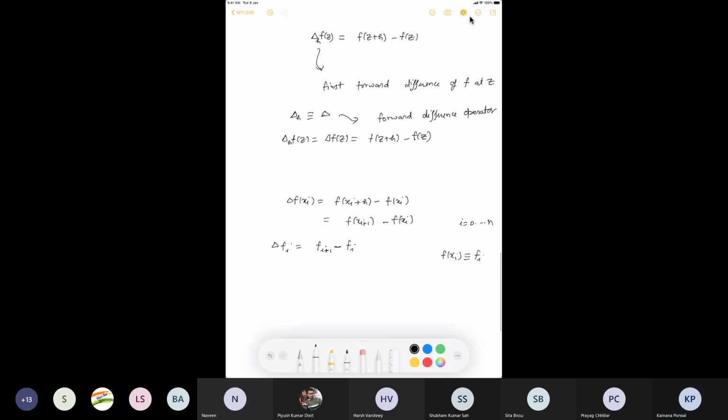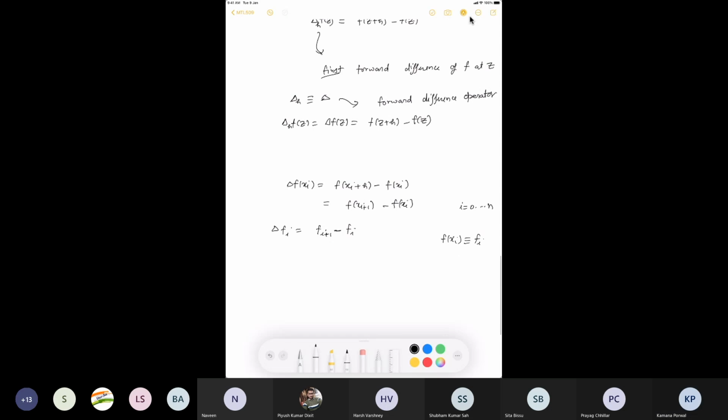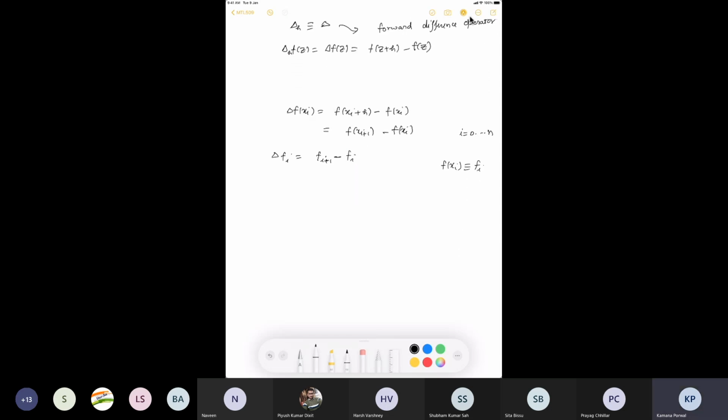So we are talking about the first, right? So automatically we get the idea that we should be able to define the second and higher ones also. In fact, we can define the r-th order forward difference.